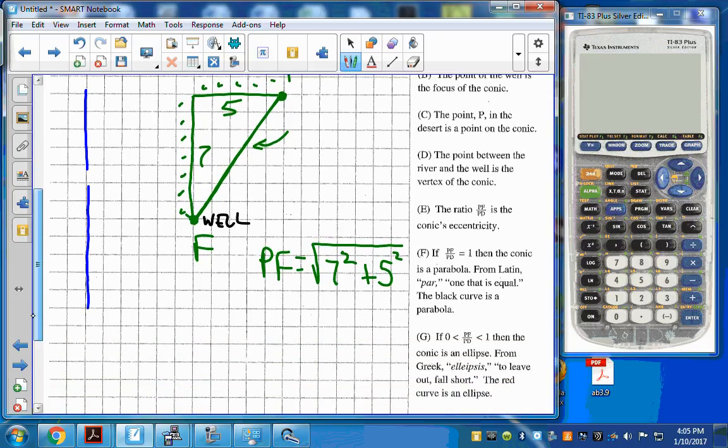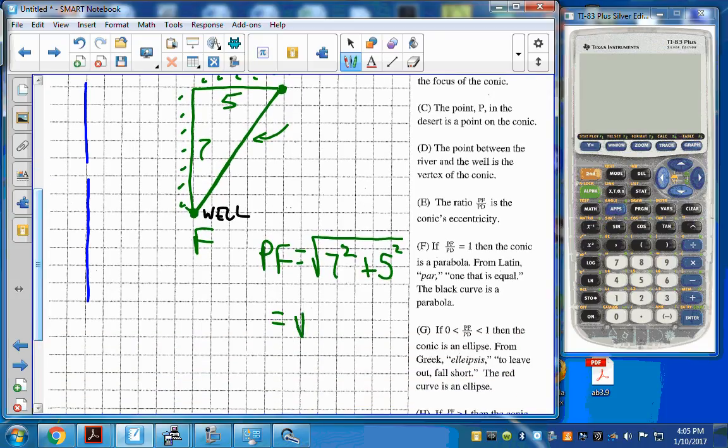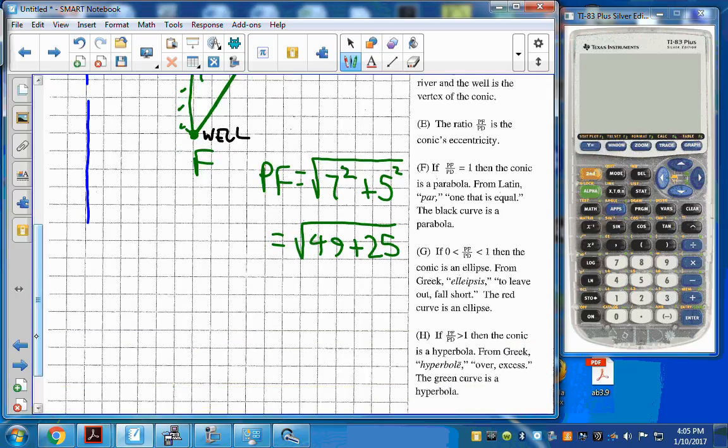That's the square root of 49 plus 25, since 7 times 7 is 49 and 5 times 5 is 25. And we can clean that up a little bit, which is the square root of 74.